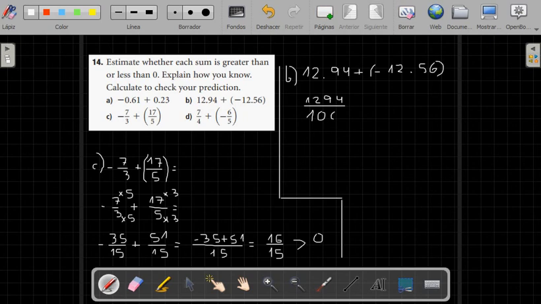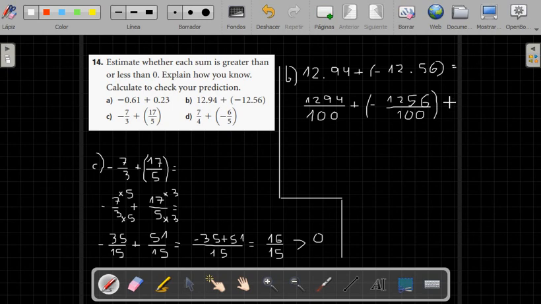Colocamos tantos ceros al lado de ese 1 como decimales tenga el número original. Then we have plus, minus, 1,256 over 100. Colocamos 1256 sobre 100.